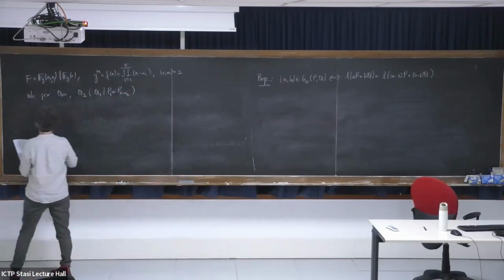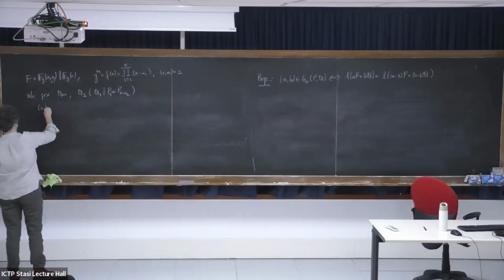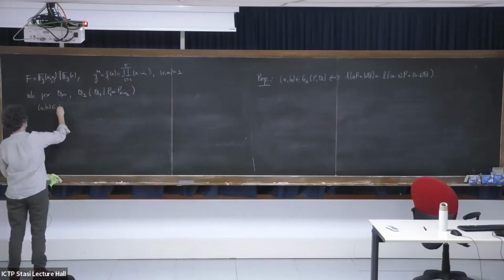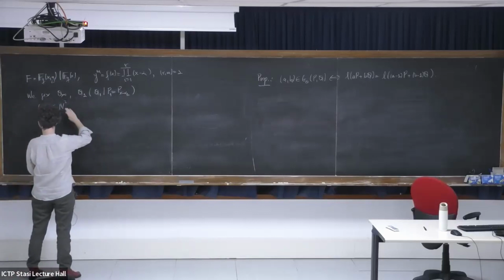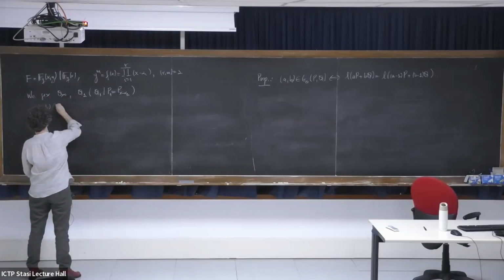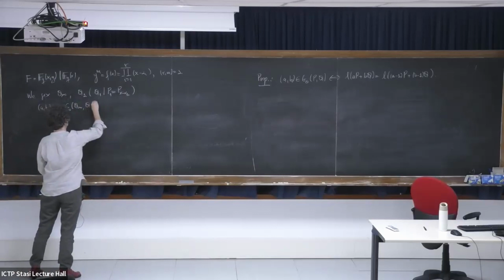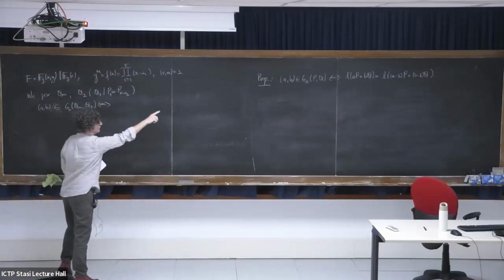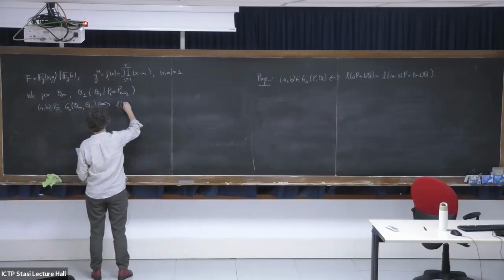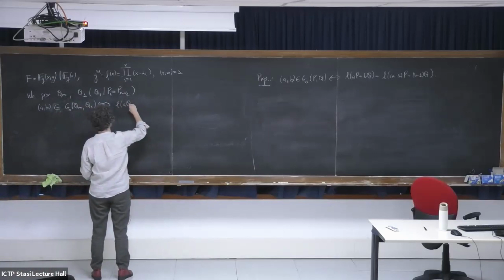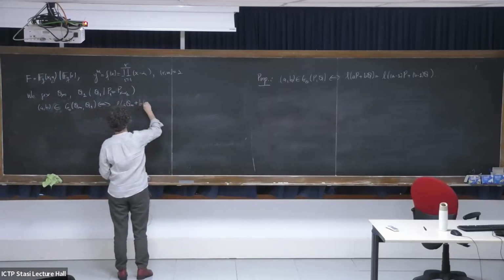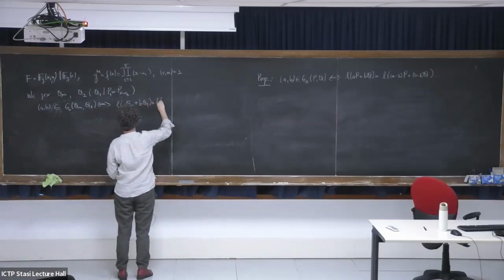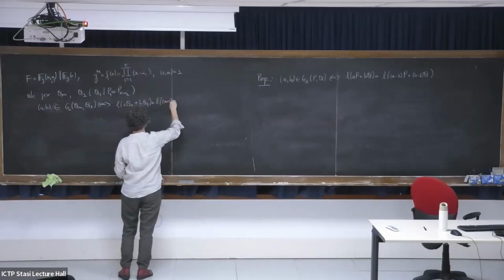And so what we know is, by the proposition, we know that a pair is a pure gap if and only if we have the characterization: if this dimension is equal to this dimension.